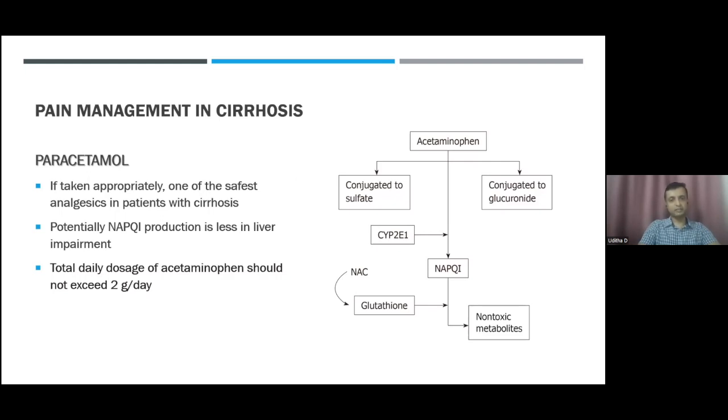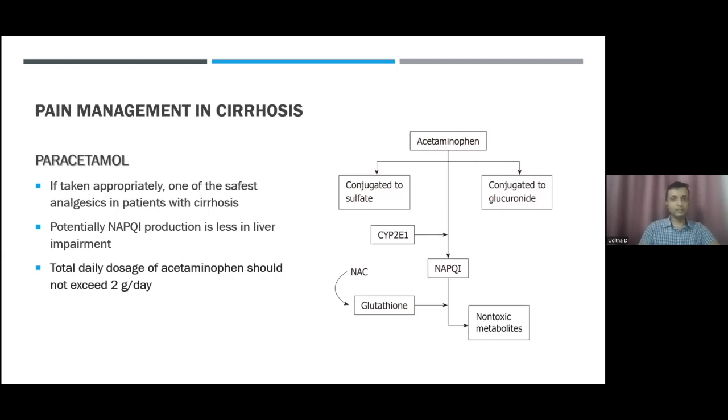Compared to that, there was one study where they gave healthy volunteers 4 grams of paracetamol per day continuously for 2 weeks, and found that a significant number of them developed asymptomatic alteration of liver functions. But 2.5 grams is thought to be the cutoff where you don't get any liver issues at all. So that's why we recommend less than 2 grams of paracetamol per day for patients with cirrhosis.